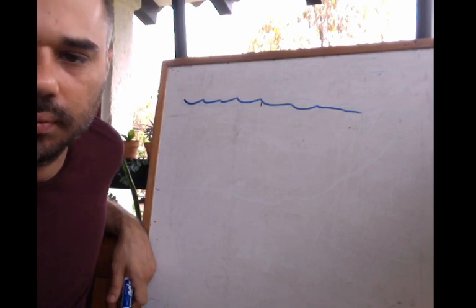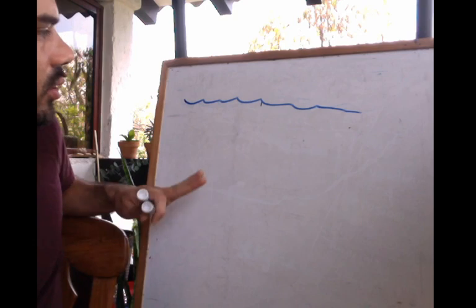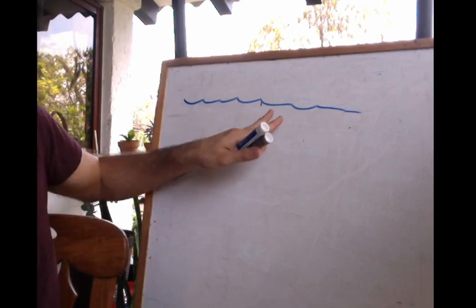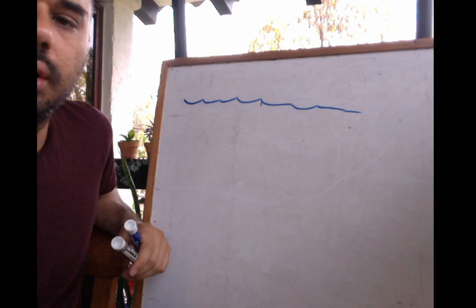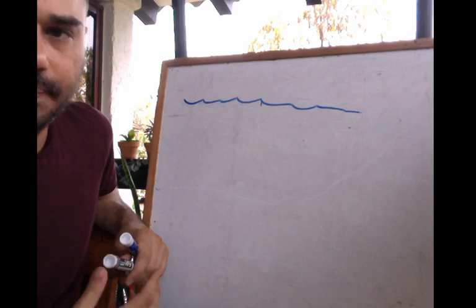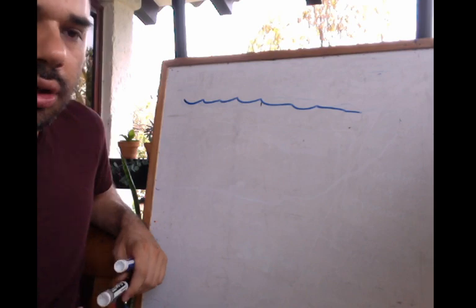Motion. Motion forms waves. The motion of the water itself forms waves. So waves are motion. And what can cause a wave? Any motion itself can cause waves. For example, the motion of the Earth itself.